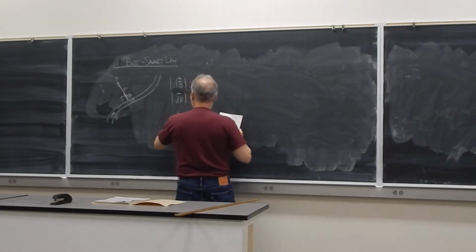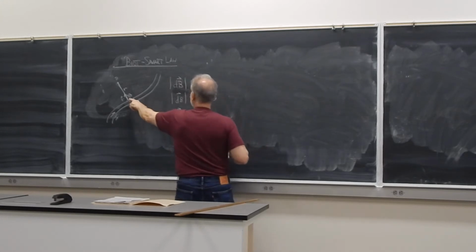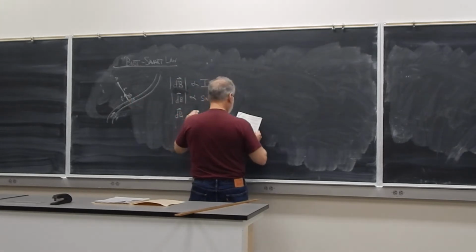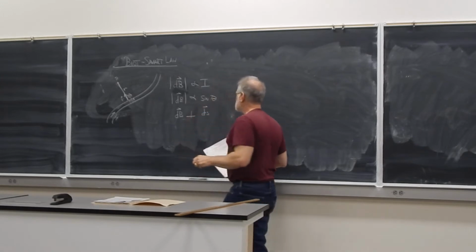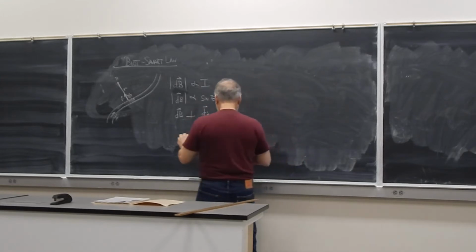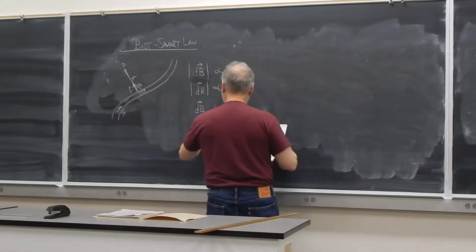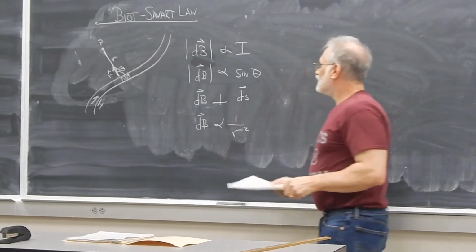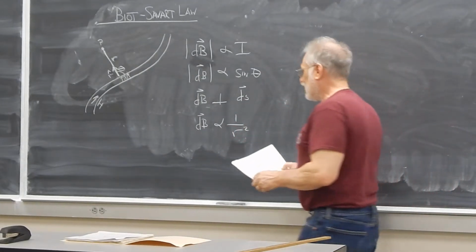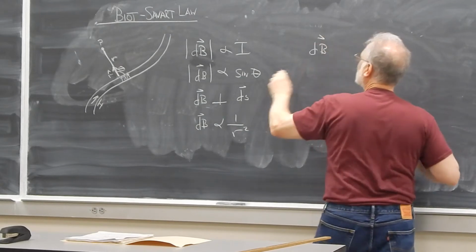We also found that the field, that little piece of field due to this little piece of current, was perpendicular to ds. And then finally we found that it was inversely proportional to r squared.